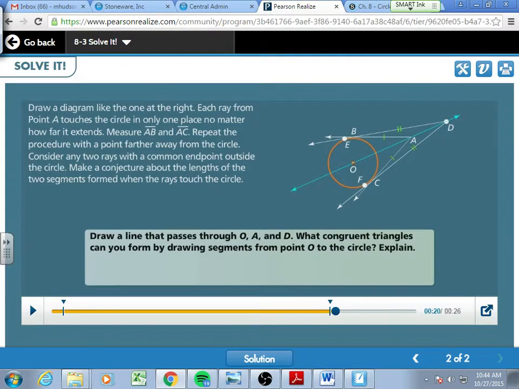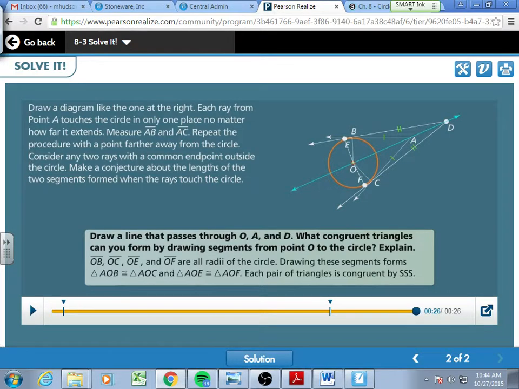Any point that lies outside the circle with two lines tangent to the circle, so there will obviously be two different tangent points, the distance of those segments between the outlying point and the tangent points are going to be congruent. So it's a really cool relationship that we set up here to be able to see that all those distances are congruent.